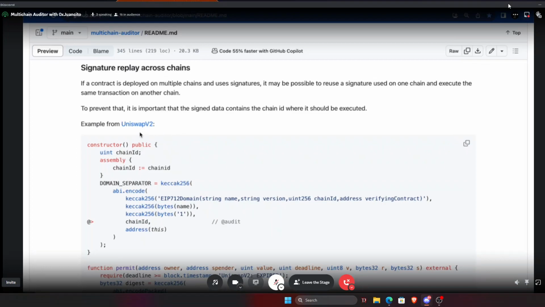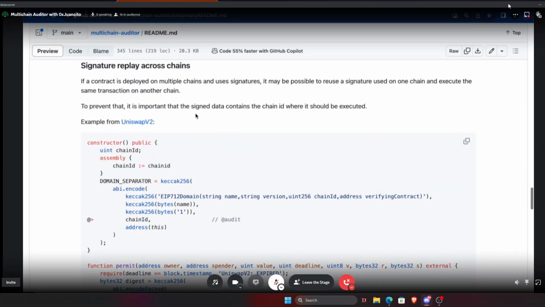On Ethereum, they might be able to do it. But if the protocol is missing some check that we'll see, they might be able to do that on the other chain as well. So that means that I might approve some tokens to be used on Ethereum, but if I happen to have those tokens on other chains, they might reuse this signature and steal my tokens or use them for other means.